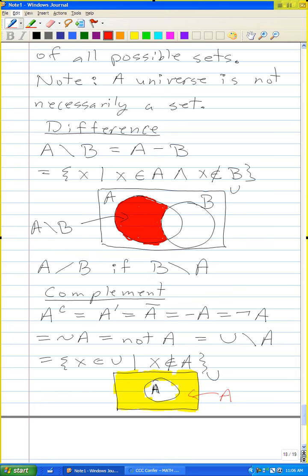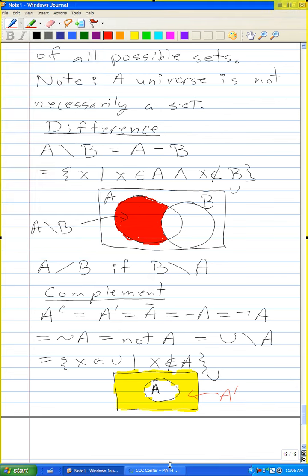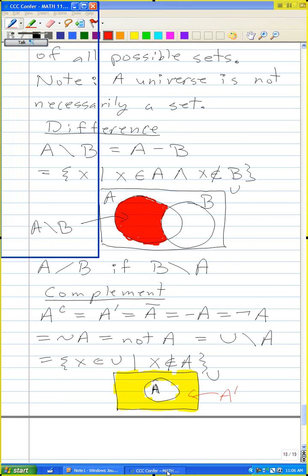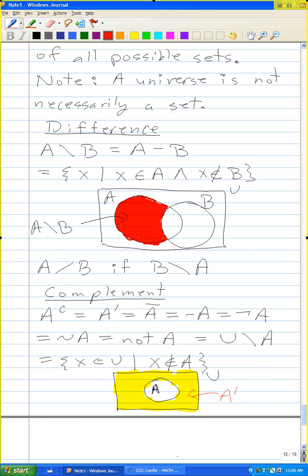So this is the complement of A. All that stuff out there. Say that the set A is the set of all students that are going to get an A in the class. Then the complement of A is the set of all students that are not going to get an A in the class. It's the opposite. It's what's not in the set. It's everything outside of the set. Of course, you always have to be in your universe. So no matter what, when I'm talking about anything, your set must be in a universe. So it's understood that it's in a universe.